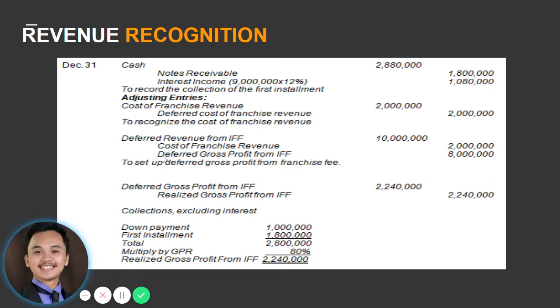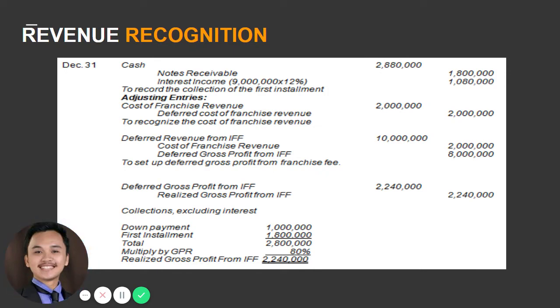This means the 8 million will still be deferred as long as we have no cash collection for a specific year. But for this year, we do have cash collections, right? Our cash collection comes from the down payment of 1 million and our first installment of 1.8 million. Take note, guys, that we do not include the collection of our interest of 1,080,000 in computing our realized gross profit, because what will be multiplied by our gross profit rate is only those collections applicable to the principal.